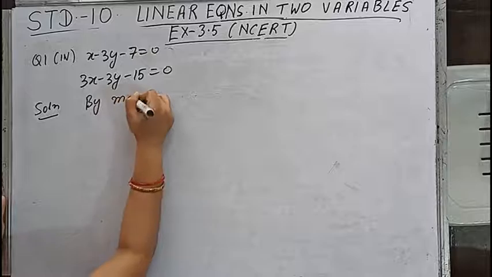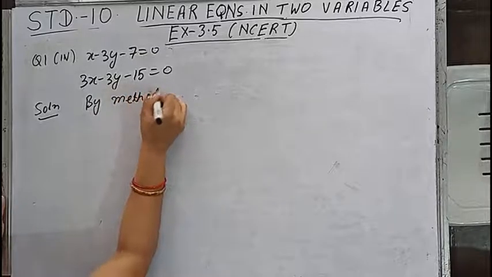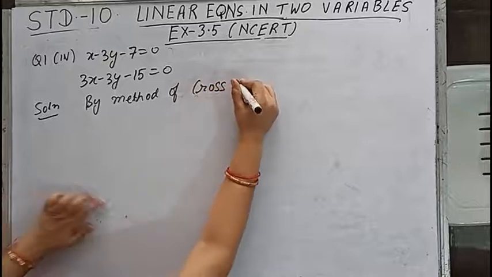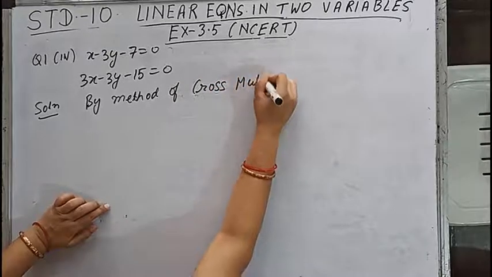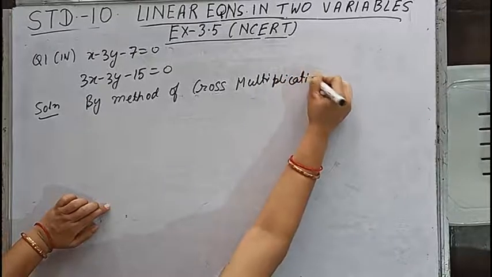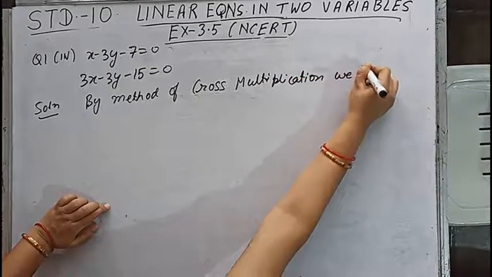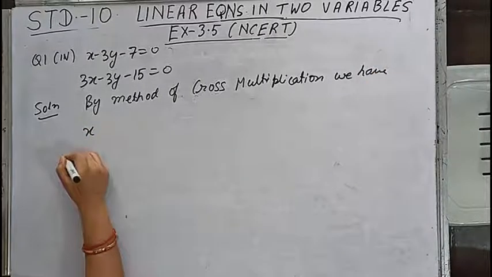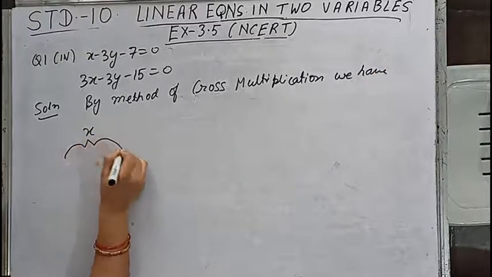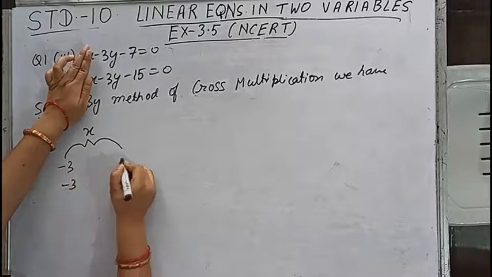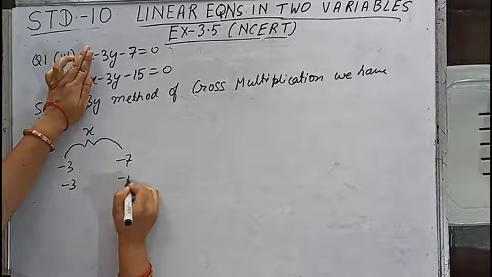By method of cross multiplication, we have x under x minus 3 minus 3 minus 7 minus 15.